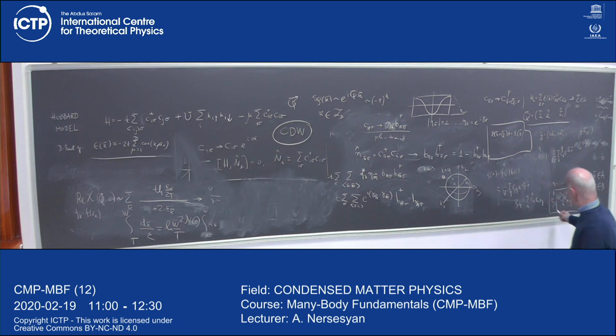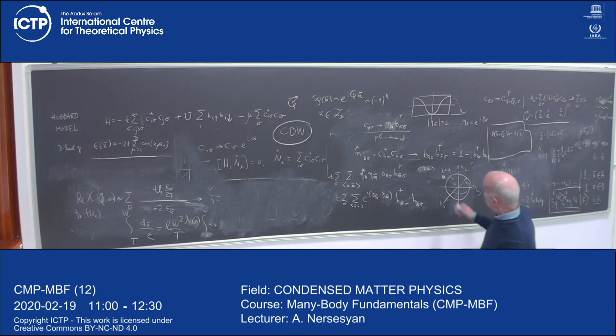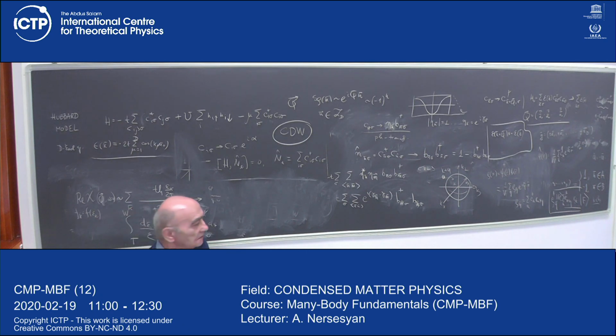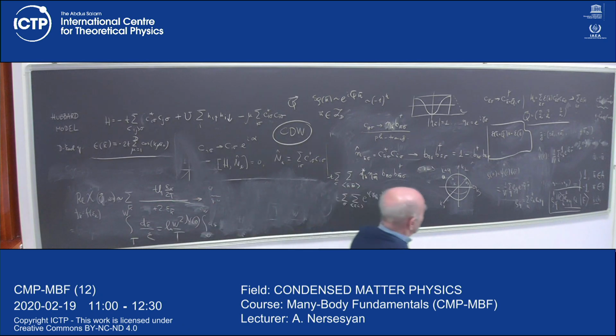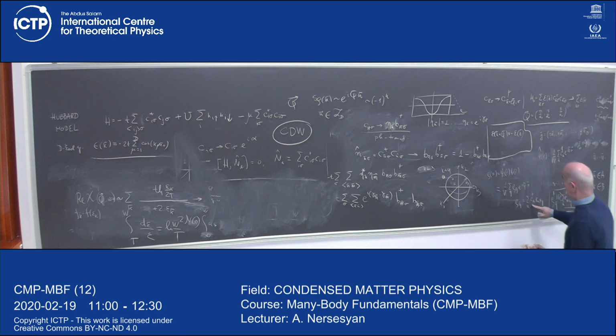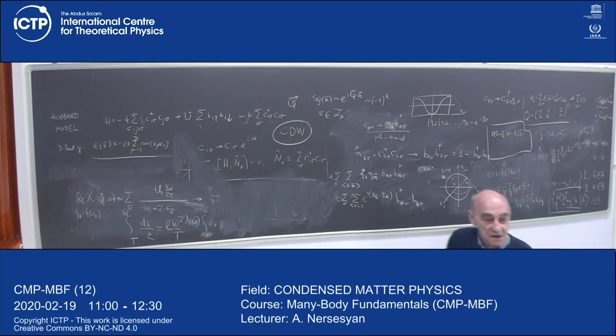In other words, what is written here? It's a creation of the particle-hole pairs: a particle with momentum k plus Q and a hole with momentum k. So the particle-hole pairs described by this combination represent Fourier transforms of the electron density.